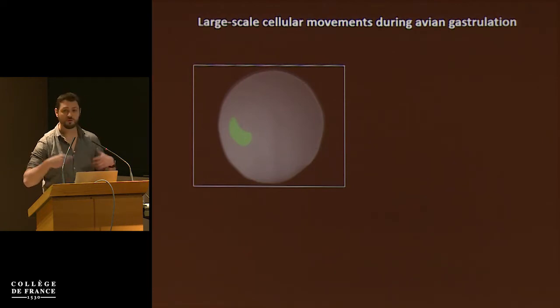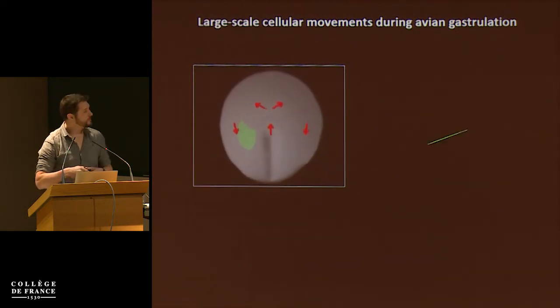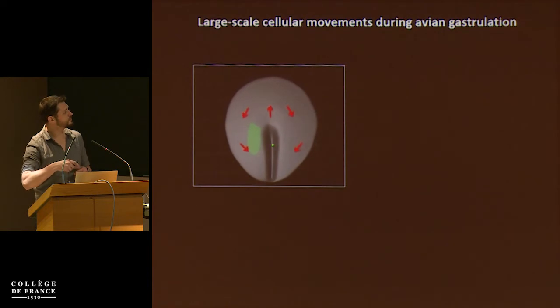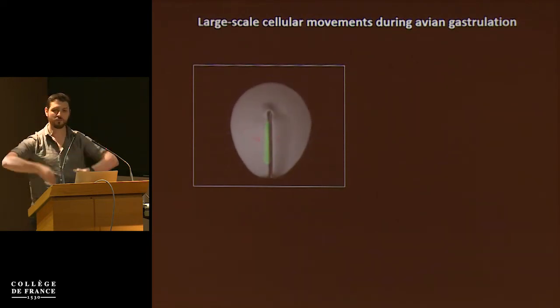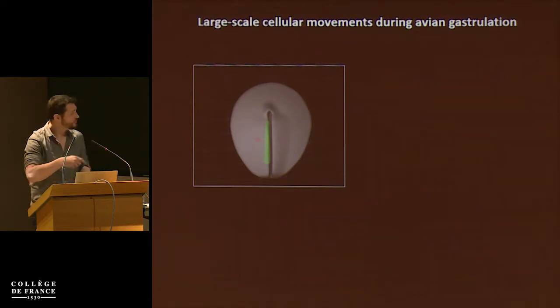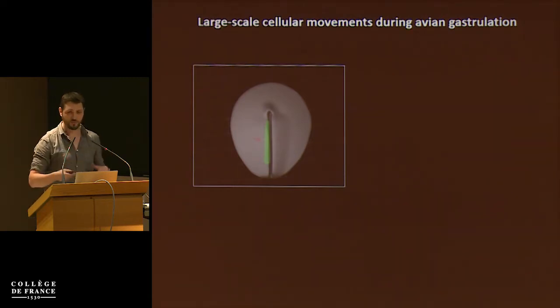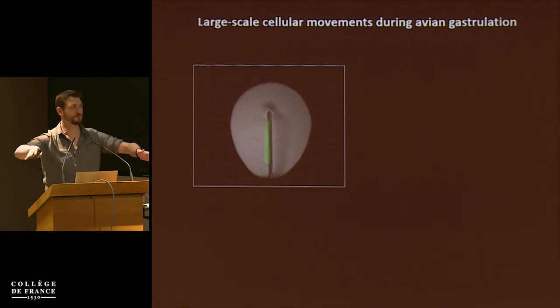The embryo is composed of a flat disk of around 50,000 cells already when the egg is laid, and upon incubation you have this massive cell movement taking place. Cells move away from the center of the epithelial disc and move back toward the center of the disc. This will generate the primitive streak, which is where the mesoderm will form and ingress.